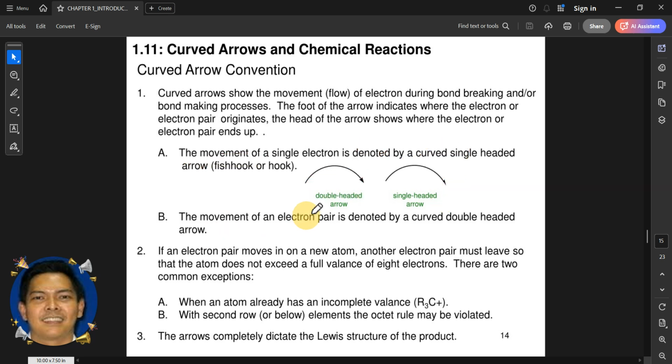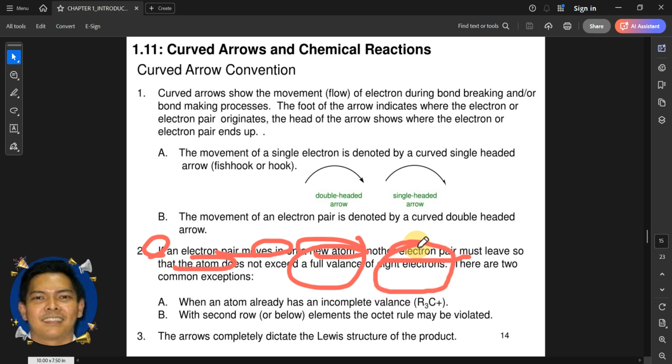The movement of an electron pair is denoted by a curved double-headed arrow. If an electron pair moves onto a new atom, another electron pair must leave, so that the atom does not exceed a full valence of electrons.